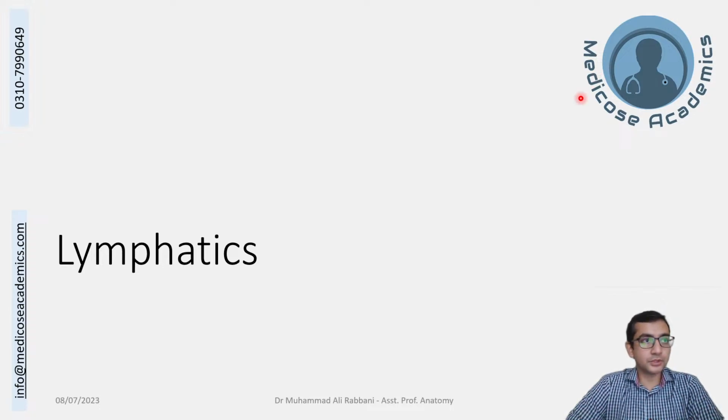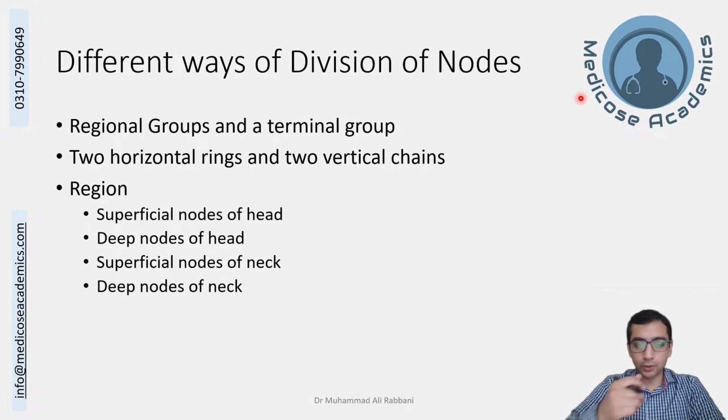Then let's review the lymphatics a little. I will be talking about the lymphatics of the head also because I want to cover this whole topic. When we are talking about the lymph nodes in the books, different approaches are taken to discuss the different parts.